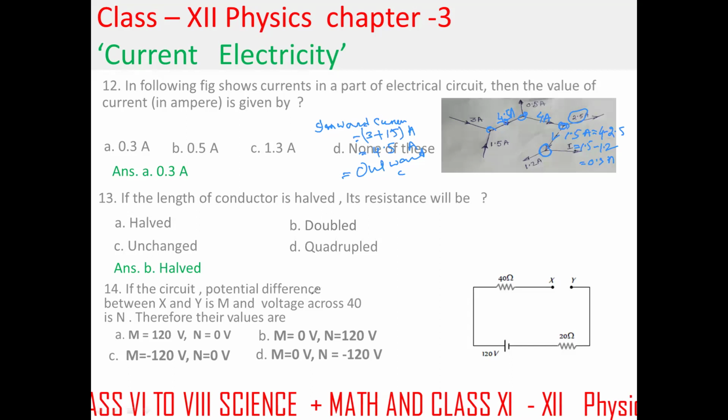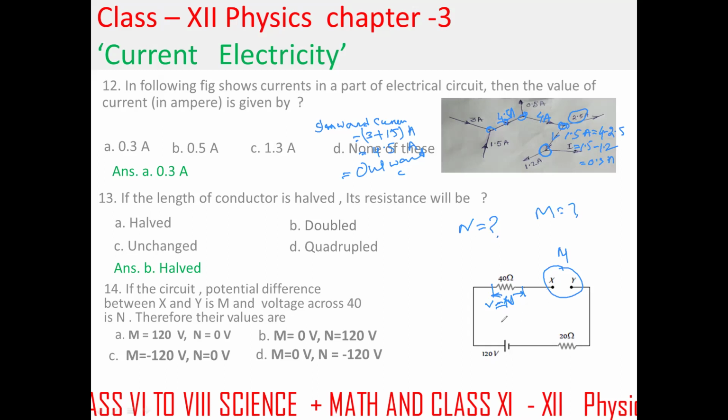The potential difference between x and y is m, and the voltage across 40 is n. 40 means the voltage at this point is n. Now what are the values of n and m?